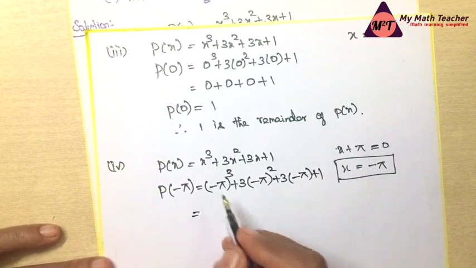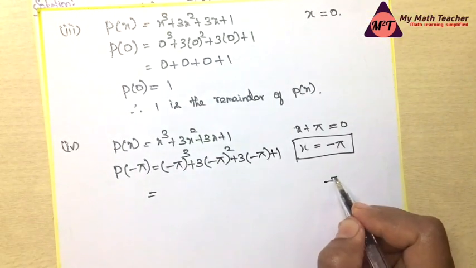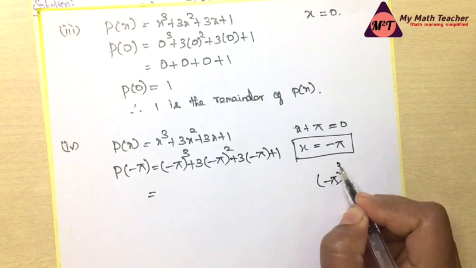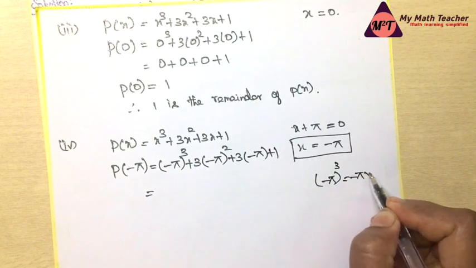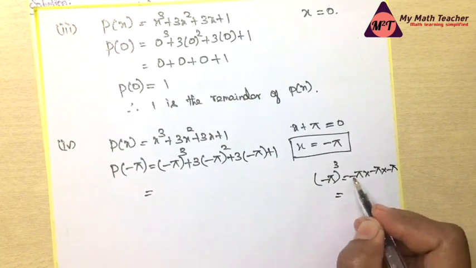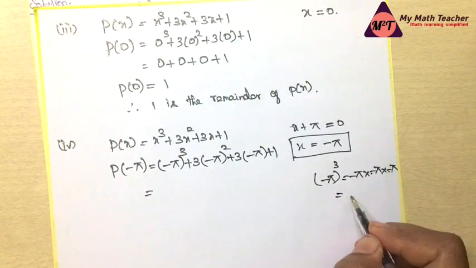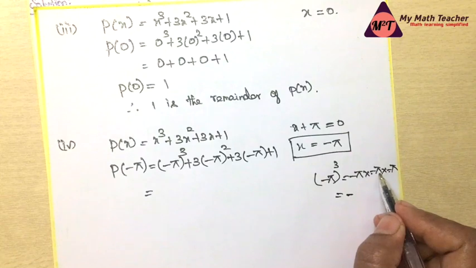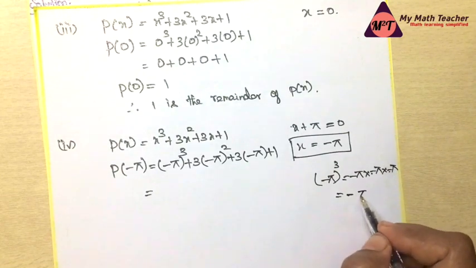Now expand this, that is (minus pi) cube is minus pi into minus pi into minus pi. Minus into minus is plus, plus into minus is minus. Pi into pi, pi square into pi is pi cube.